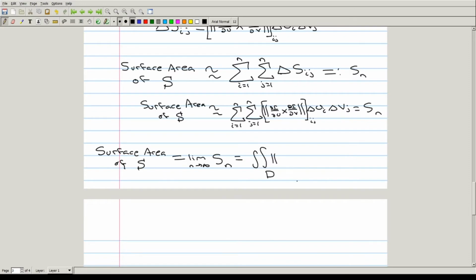But this is exactly equal to the double integral of the magnitude of dr du cross dr dv du dv.